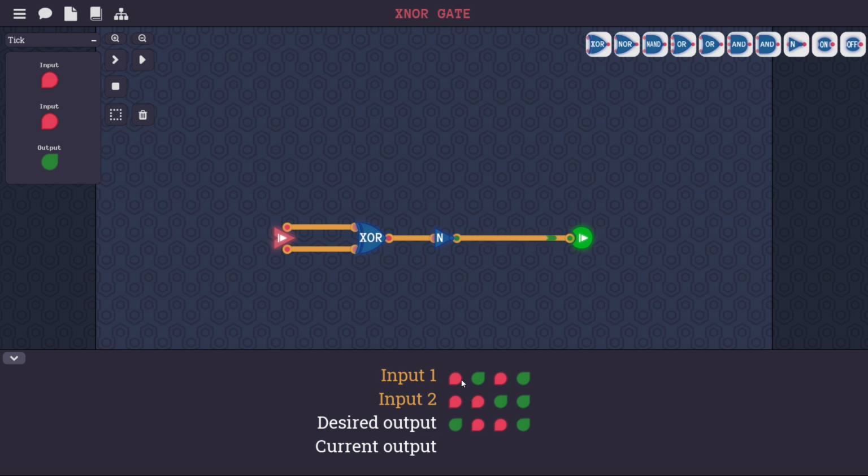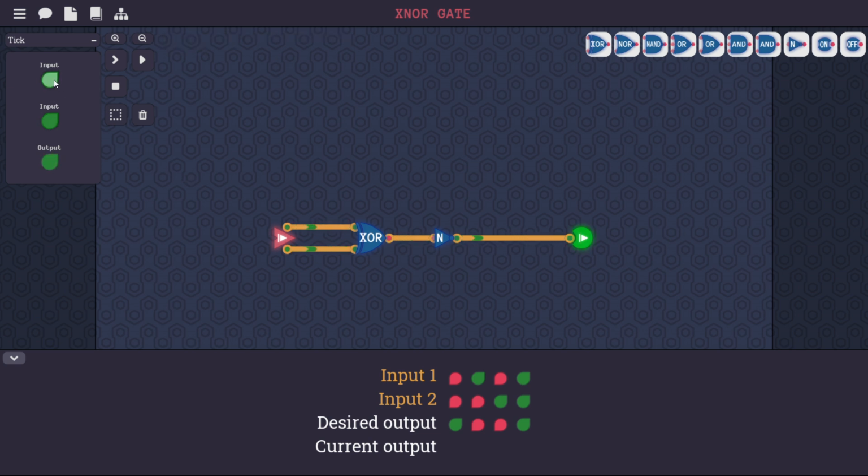If we have both of the inputs as off, we get an on, which is correct. If we have the first one as on and the second one as off, we get an off, and if we invert, we still get an off. When the inputs are the same, we get an on.